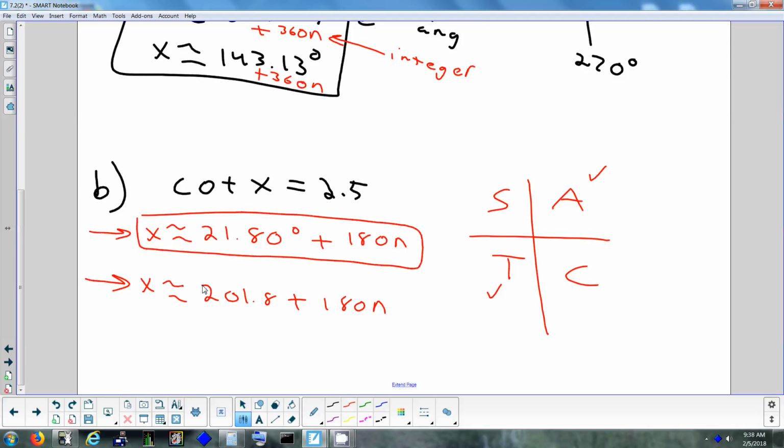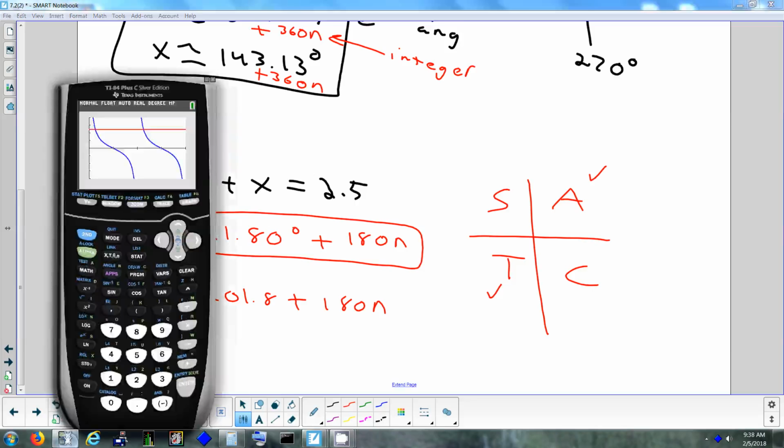Okay? And that usually happens with tangent and cotangent. If you were to graph this properly, from 0 to 180, you would see that when you draw it in one cycle, there is only one answer. It's right there. There are not two answers per period, because the graph of tangent is different than sine and cosine.